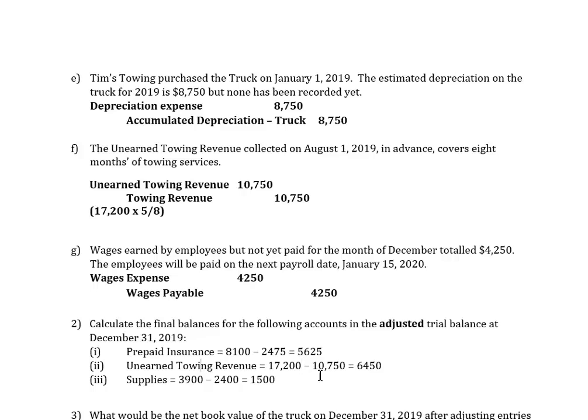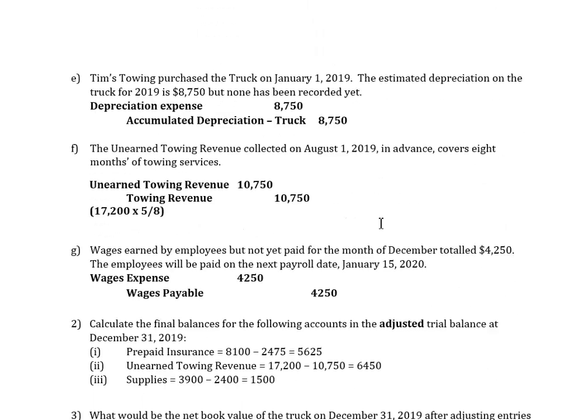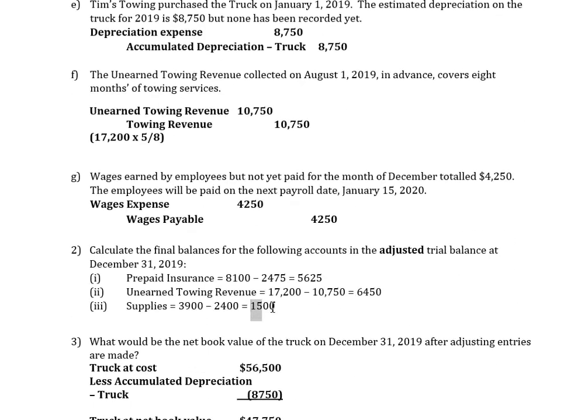The unearned, we just used up or debited $10,750, so we have $64.50 left. And supplies started off at $3,900, but you'll remember earlier on in the question, we said that we used up $2,400. So we credited our supplies account for $2,400, so that means we've got $1,500 left.